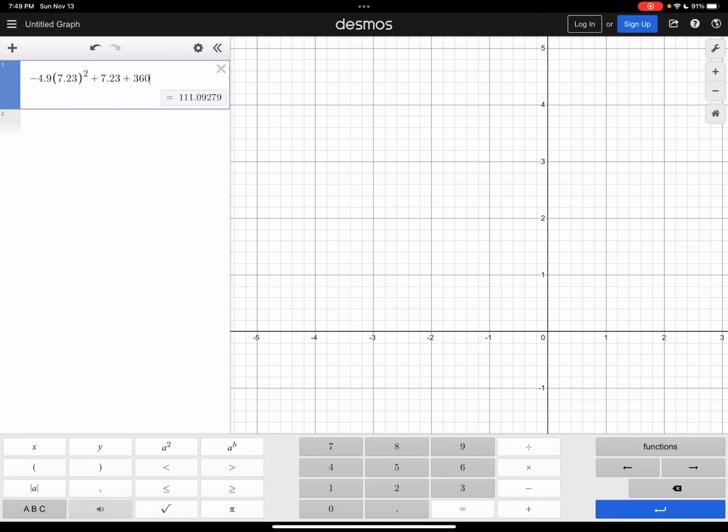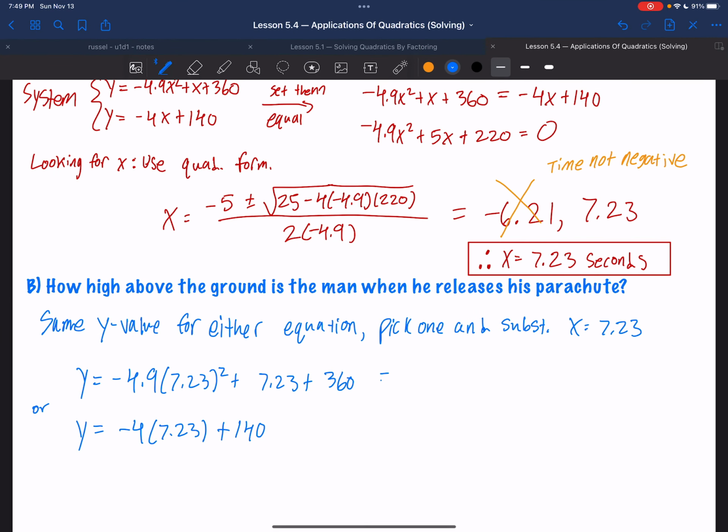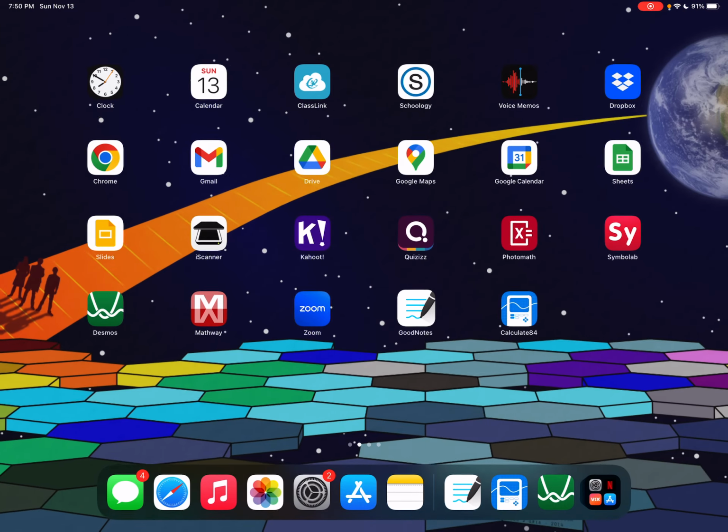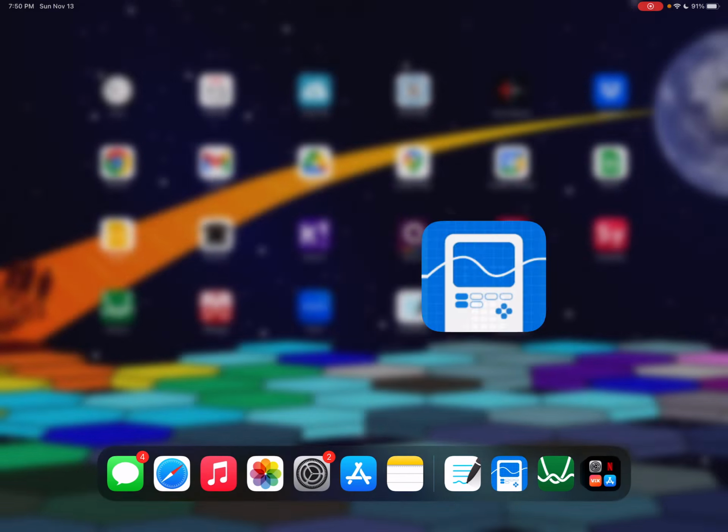But, okay, equals 111.09. And this one, let's try negative 4 times 7.23 plus 140. Hey, look at that. It's 111.08.